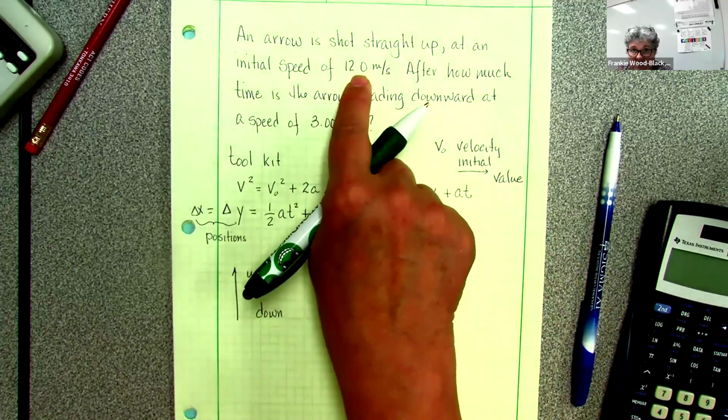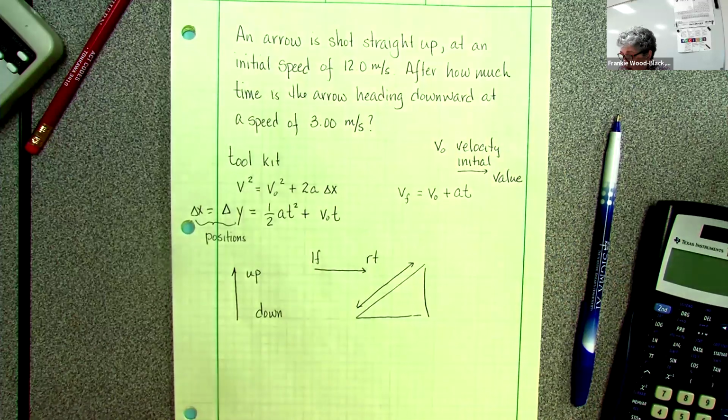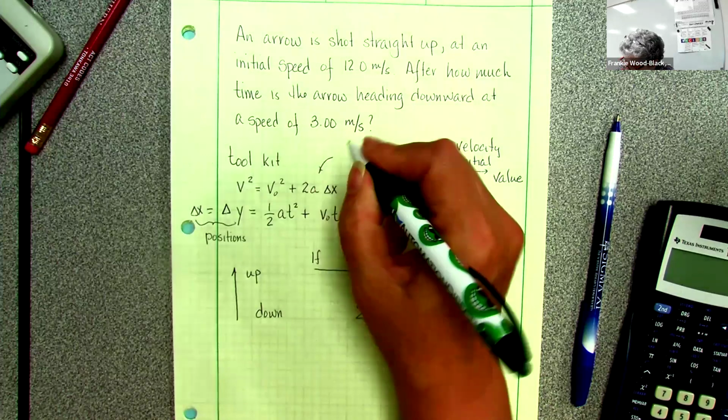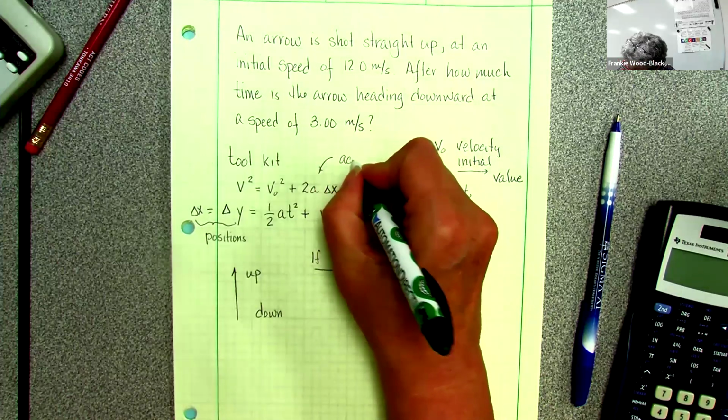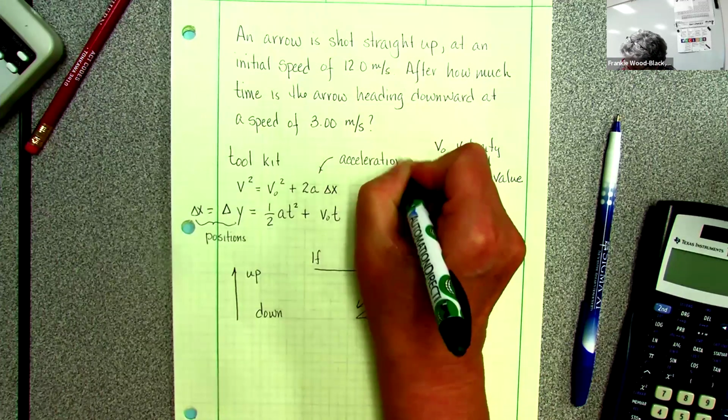I've started at 12 meters per second. So that value is going to be something that I put in. Now we're in General Physics 1 and we're going to be nice. And we're going to say acceleration is a constant.